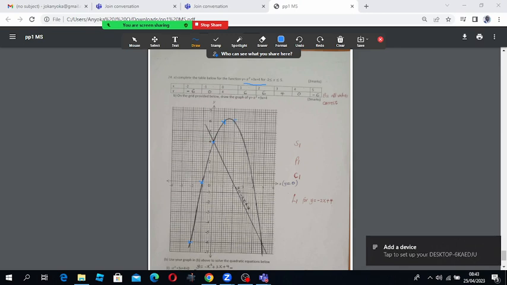Then we have 2,6. So my point of interest is here. The turning point must be treated very well.